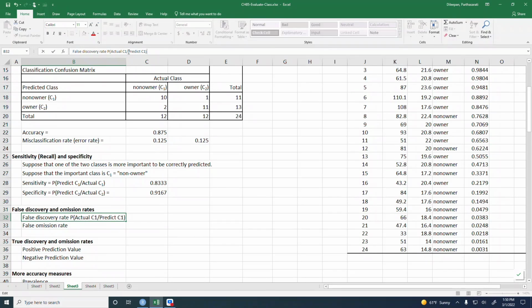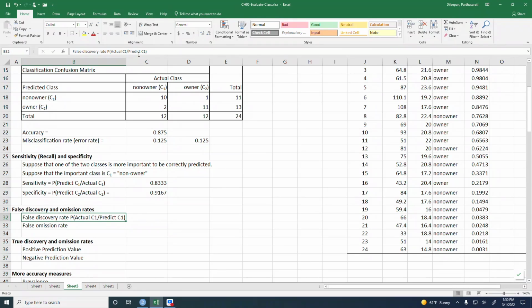So, of all the C sub 1s that we predict, how many are actually C sub 1? So that will be that divided by that. No, sorry. Actual C sub, okay, so here false discovery rate, sorry, I made a mistake.